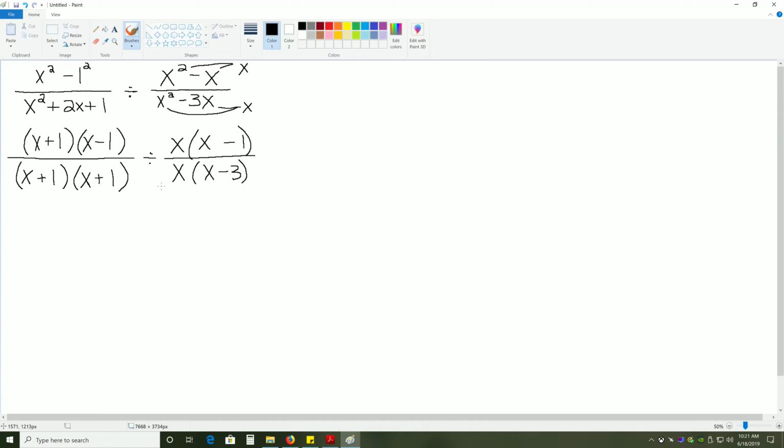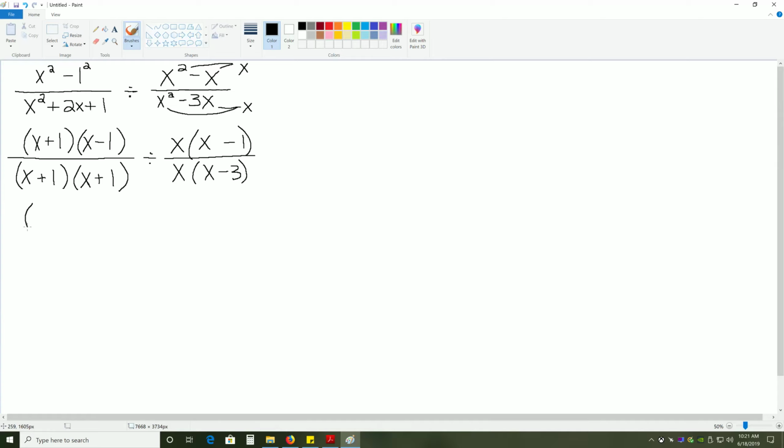And now from here, we're going to take care of the division, then we're going to check if there's anything that can cancel from the top and bottom. So we do need to take care of this division first. So remember, whenever you're dividing by a fraction, it's the same thing as multiplying by the reciprocal.